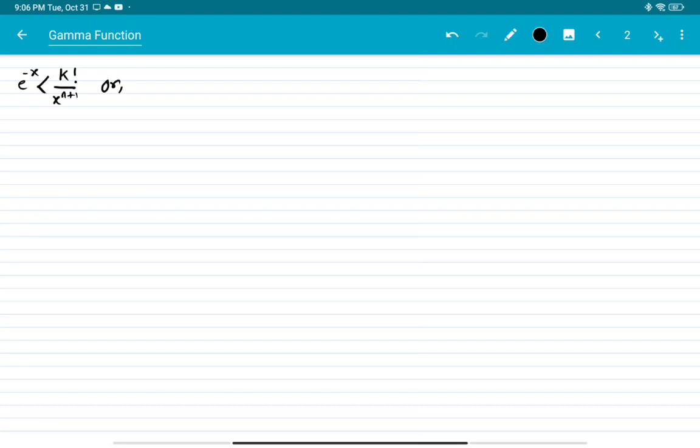Or you can say that e to the power minus x, x to the power n minus 1 is lesser than k factorial by x to the power n plus 1 over x to the power n plus 1, and this e to the power minus x, x to the power n minus 1 is lesser than k factorial by x square.